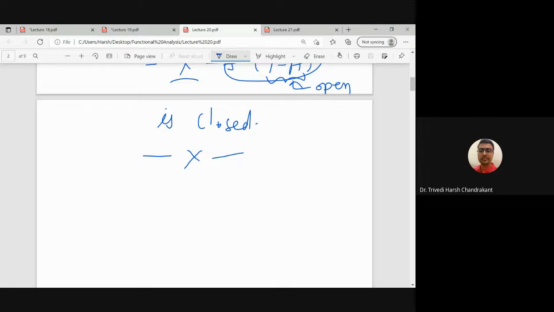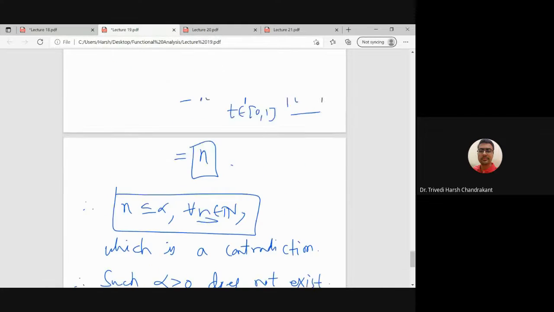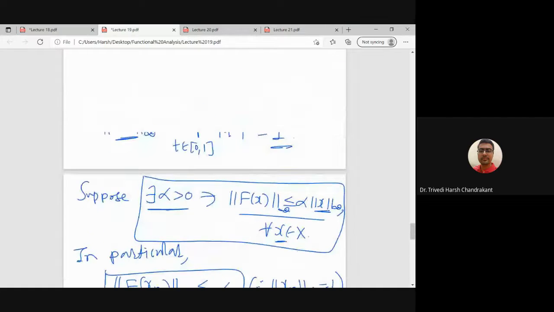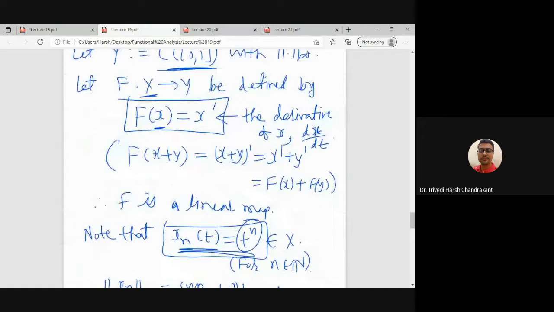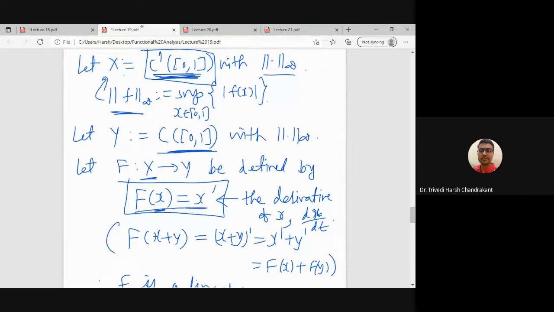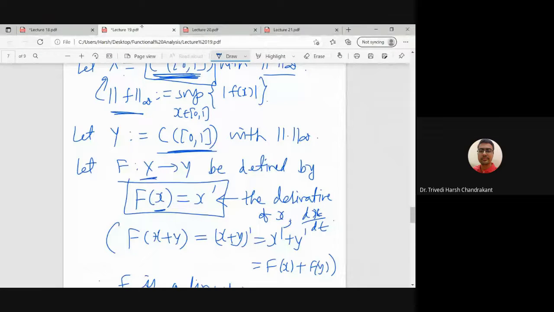That was another example, but there we did not use this alpha condition. Here we are using the alpha condition. So what is the speciality of this example is, here we are taking the differential operator. So what will be the kernel of this function? Capital F is a linear transformation.